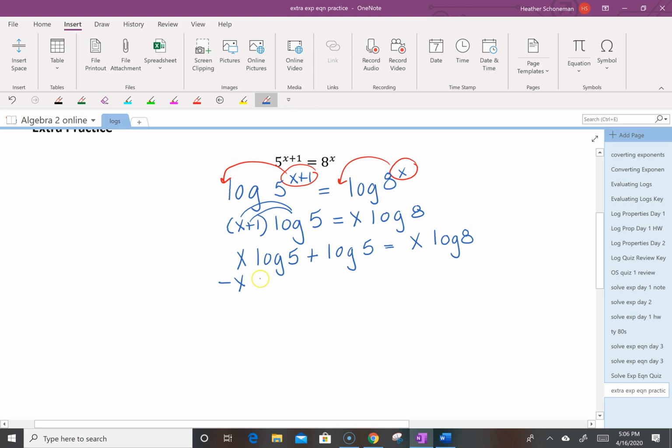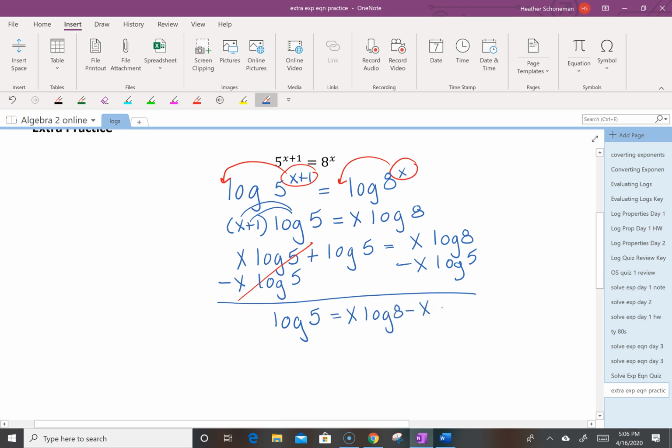When I subtract them, I can't do 8 minus 5 or anything like that. I have to just leave them like this. So my left just remains, because these canceled out, the left just remains log 5, and this is x times log 8 minus x times log 5.